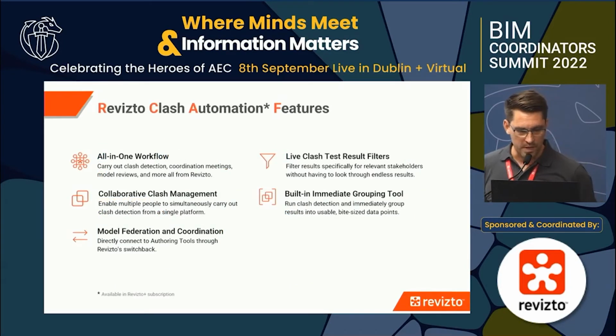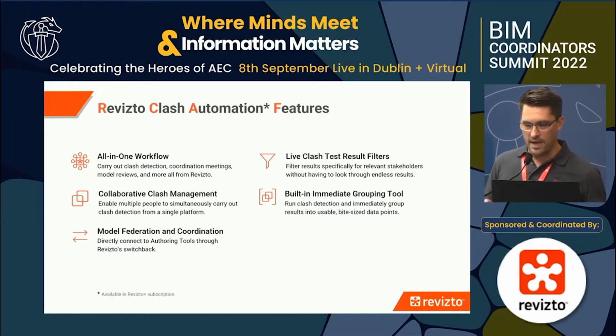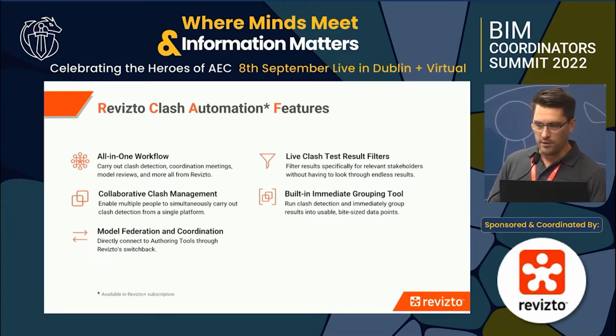On the Clash automation, a few things to mention here. It is an all-in-one workflow, which was described nicely by Ian. What's an all-in-one workflow? It means that everything's in the same platform. You don't need to jump between too many software packages to make those workflows successful. It's collaborative.